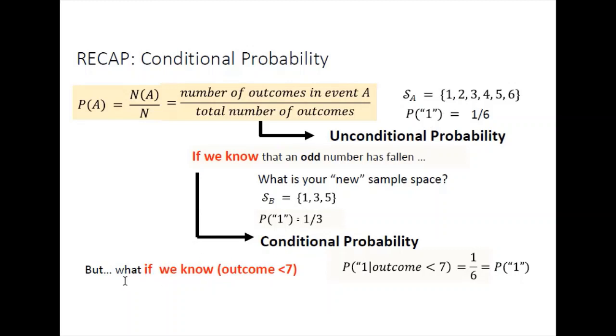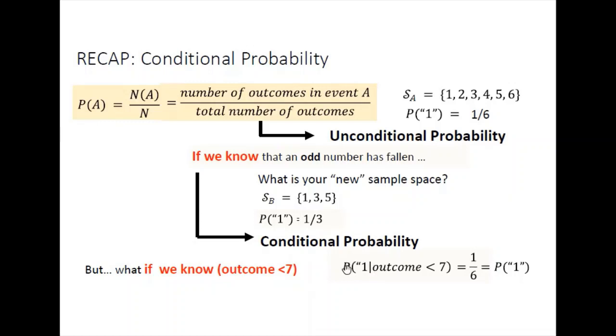But what if someone tells us that the observed outcome is a number less than 7? What is the updated sample space? All of these outcomes are again possible, because all of them, 1, 2, 3, 4, 5, 6, are less than 7.